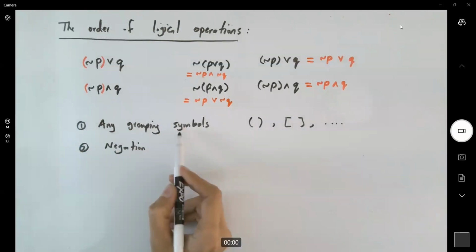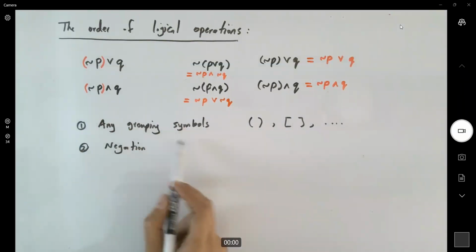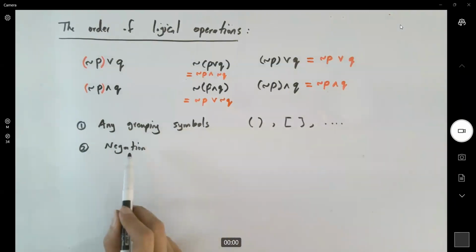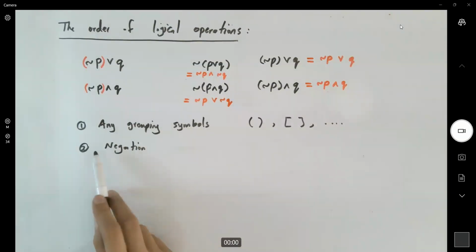If you have any grouping symbols, work with the quantities inside the grouping symbols. If you're done with that, or if you don't have any grouping symbols, take a look at the negation. The negation comes first. It takes the priority.